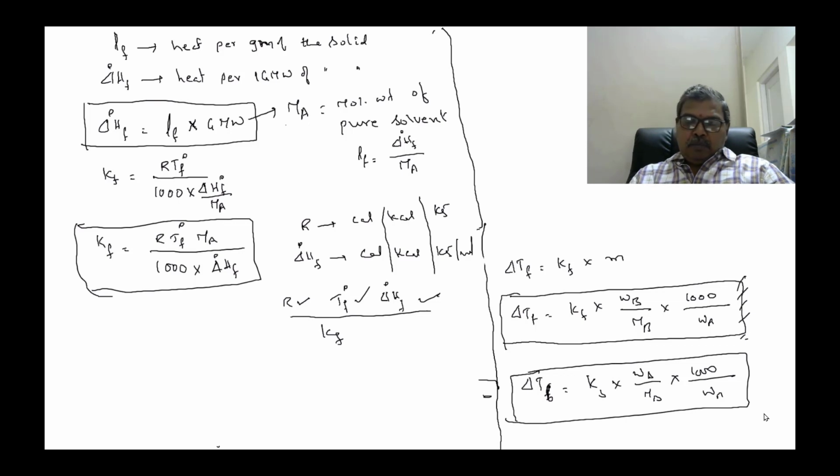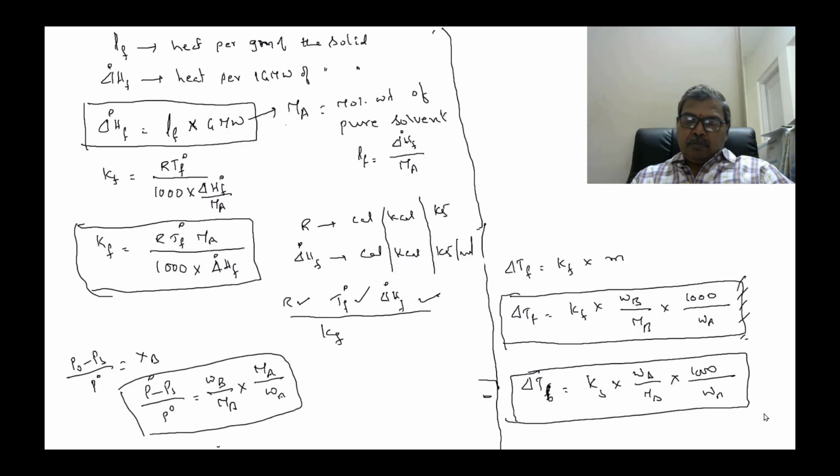Also, P0 minus Ps by P0 is equal to Xb, which by the simplified Raoult's equation is weight of solute by molecular weight of the solute into molecular weight of the solvent by weight of the solvent. So you remember these, right?